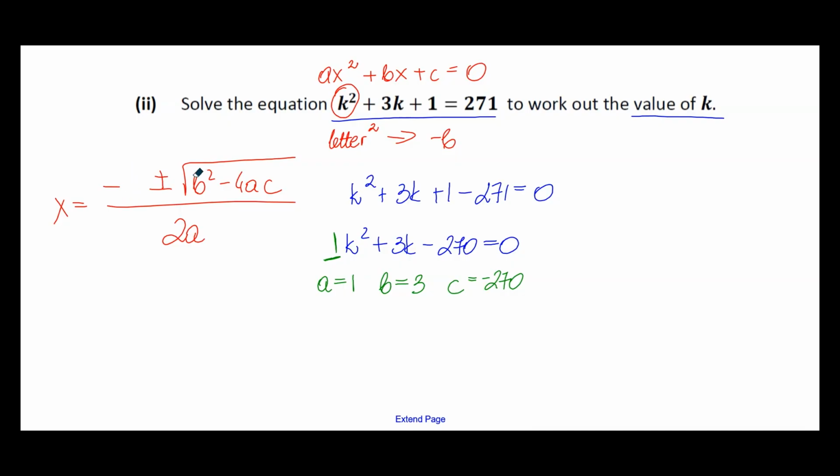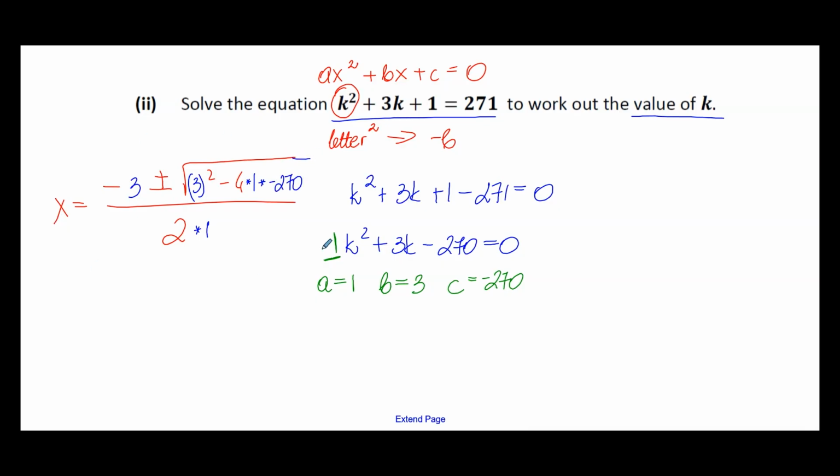So first we're going to replace B with 3. We put 3 here and then 3 here. And then we have A. Our A is 1, so again, we replace A and we put multiply by 1, multiply by 1. And then C, multiply by minus 270.